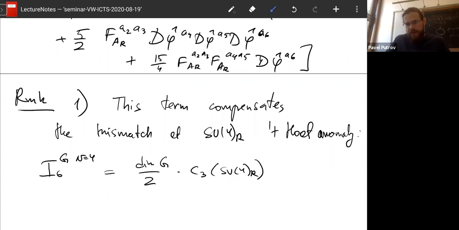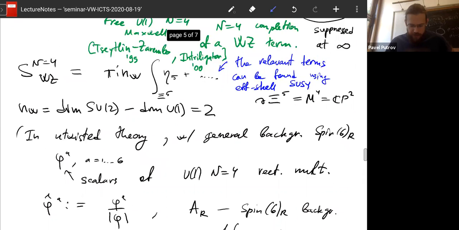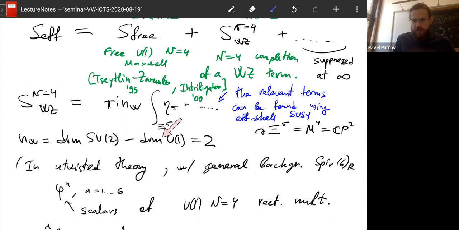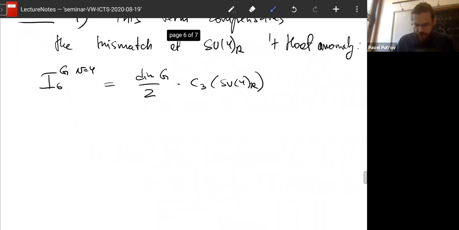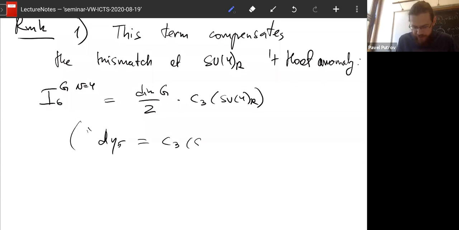The vector multiplet itself doesn't do the anomaly matching, but this term itself will be anomalous, so it will not be invariant under SU(4), and it provides the mismatch. Since the coefficient in the term is quantized, one can loosely see the mismatch by writing that d of eta 5 is actually non-zero, proportional to C3.